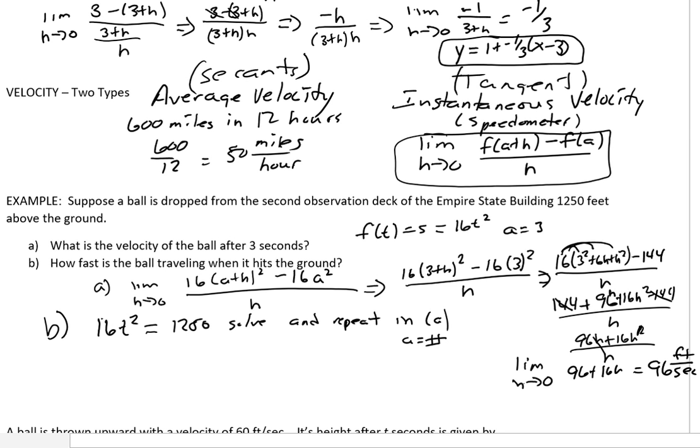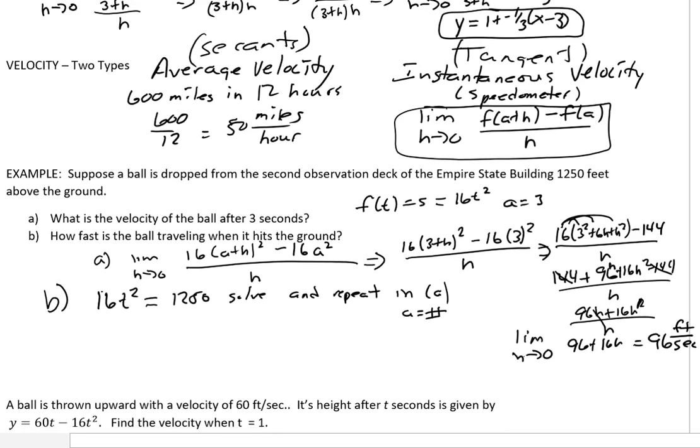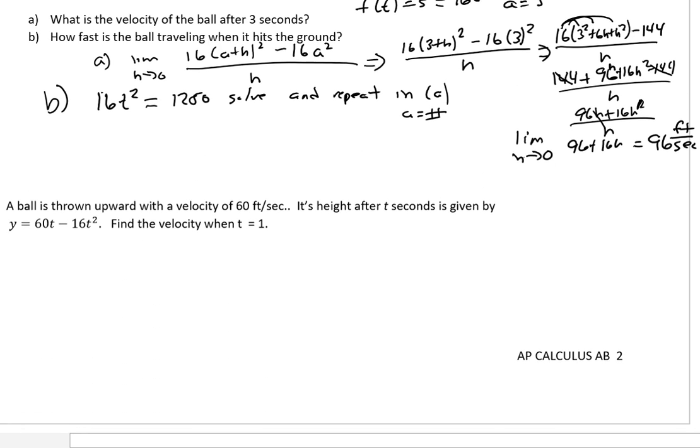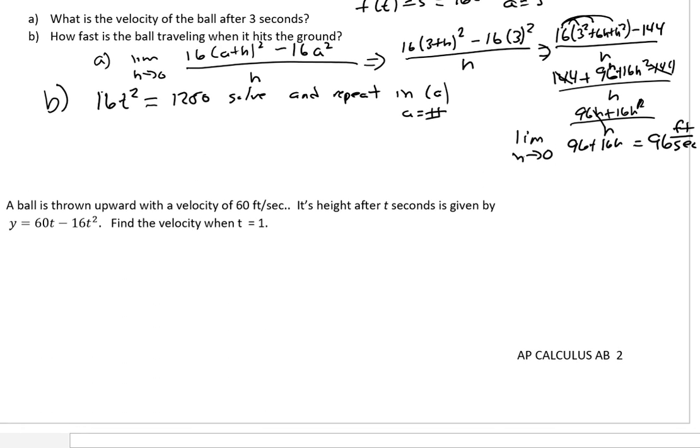All right, a ball is thrown upward with a velocity of 60 feet per second. Its height after t seconds is given by y equals 60t minus 16t squared. Find the velocity when t equals 1. Okay, so we have our function.